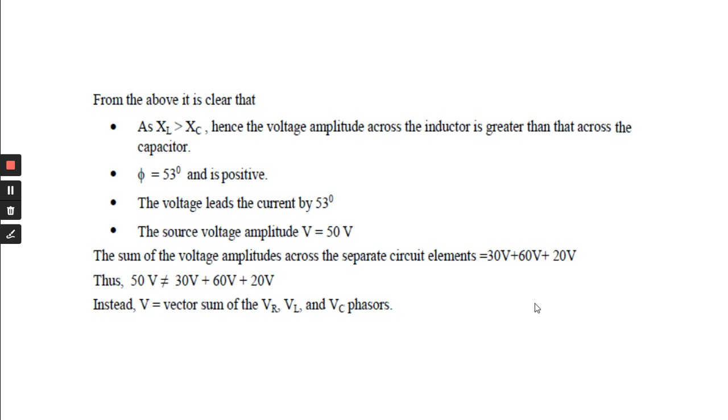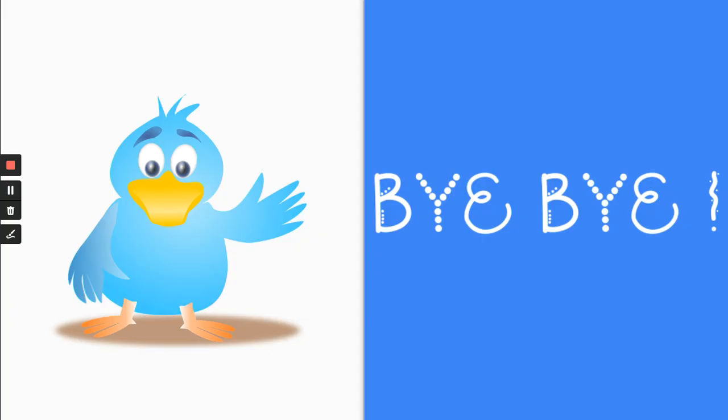And the voltage leads the current. So you can see it is an inductive circuit. When the inductive reactance is more and the phase angle is positive, you can say it is an inductive dominating circuit. But if phi is negative, you can say it is a capacitive circuit because capacitive reactance is dominating.